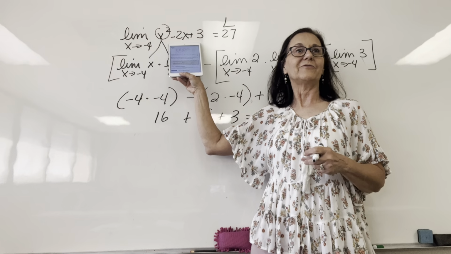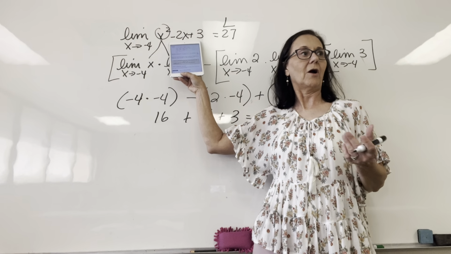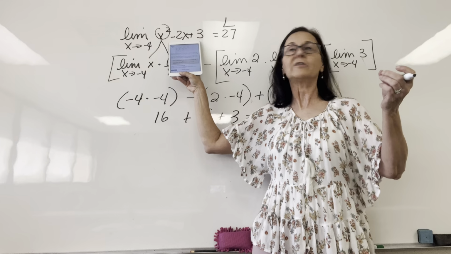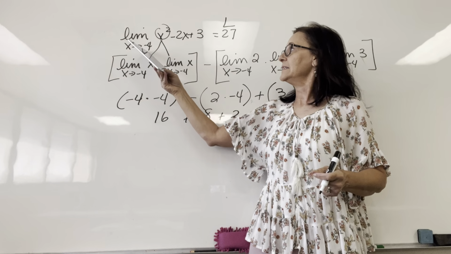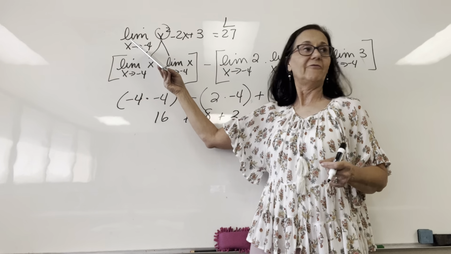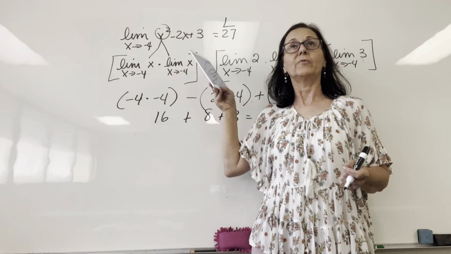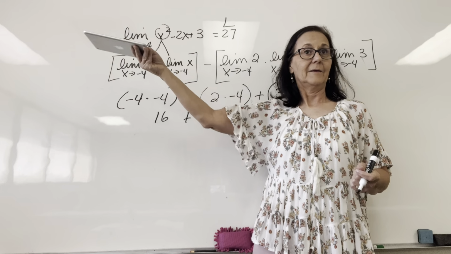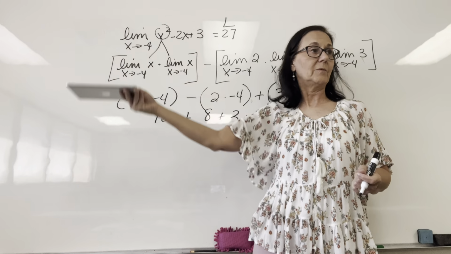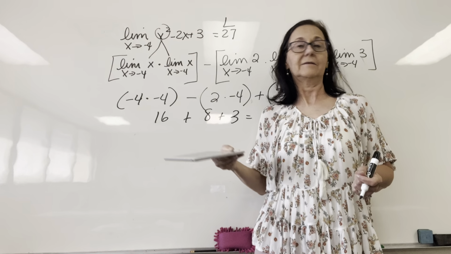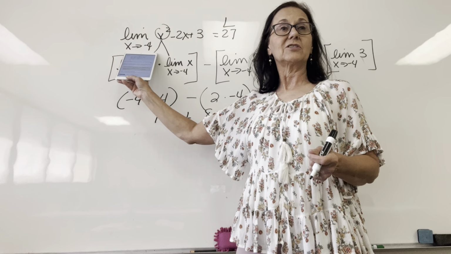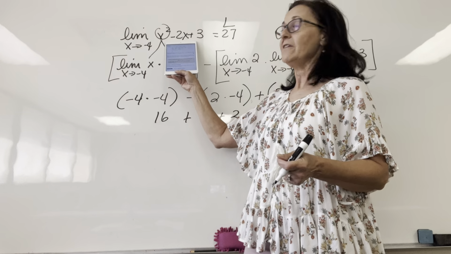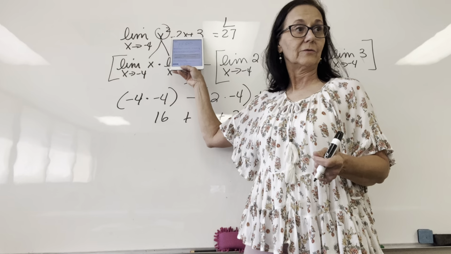Well, what is the range for this function? Potential could be all reals, right? Except it's really the vertex up. All right, so it's all reals for x, but the range would be wherever the vertex is up. So every value of x would be defined here because the domain for this function is all reals.